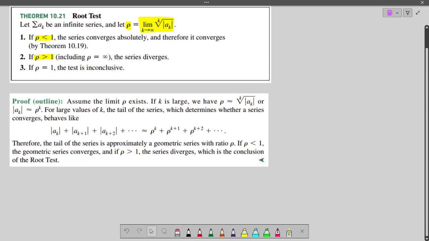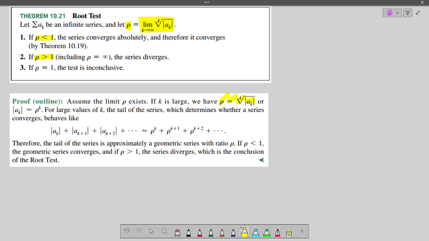And this logic is very similar to the last one. Take a look at this. If you imagine k to be super big, if rho is the limit of the kth root, when k is really large, rho is about equal to the kth root. When you go far, far out, rho is essentially the kth root of a sub k.